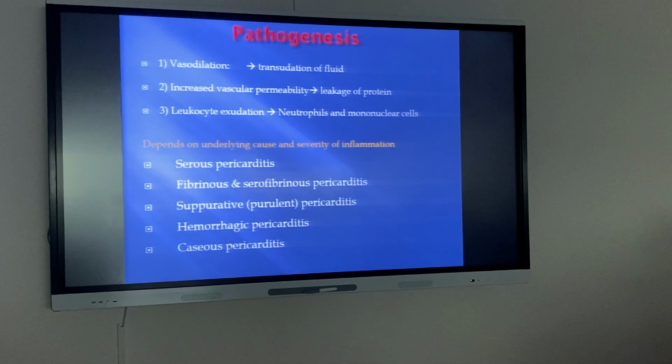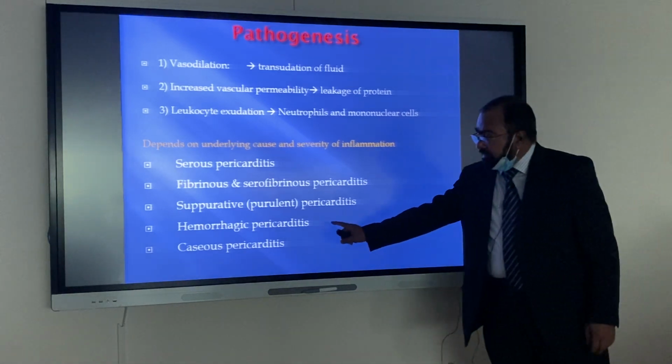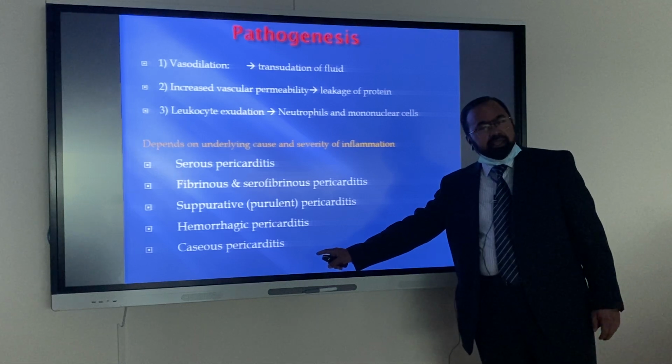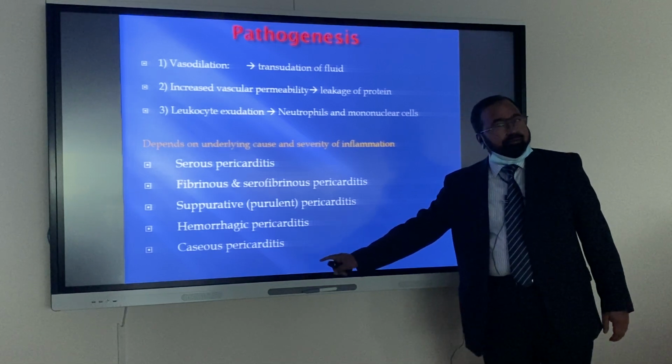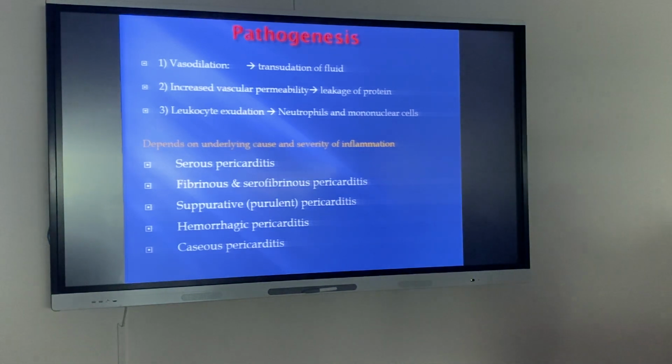So these are the different pericarditis which you see according to the severity: serous pericarditis, fibrinous or serofibrinous pericarditis, suppurative or purulent pericarditis, hemorrhagic pericarditis, and caseous. Caseous, as the name says, is caused by caseous necrosis.